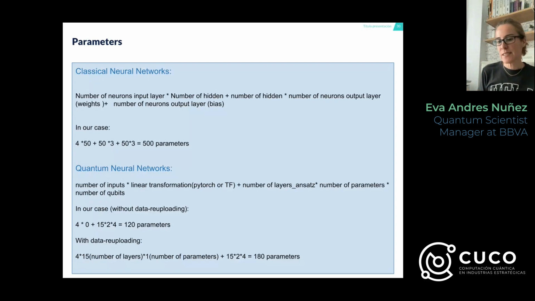So the mechanism to do that is to repeat the entry layers, the embedding layers, several times. This is the way that you better emulate the functionality of the classical neural network. I hope I answered your question, not complicating it more.